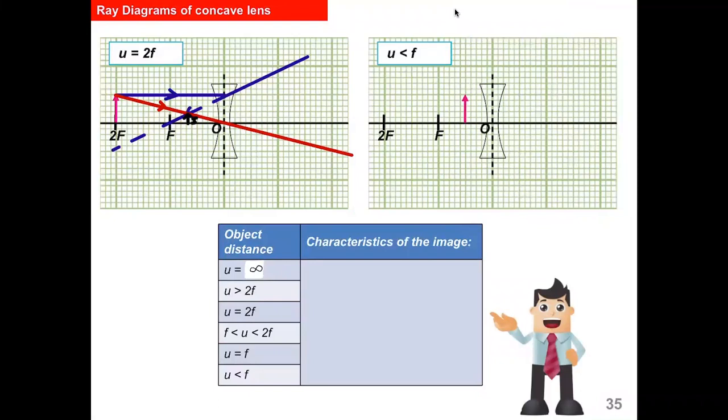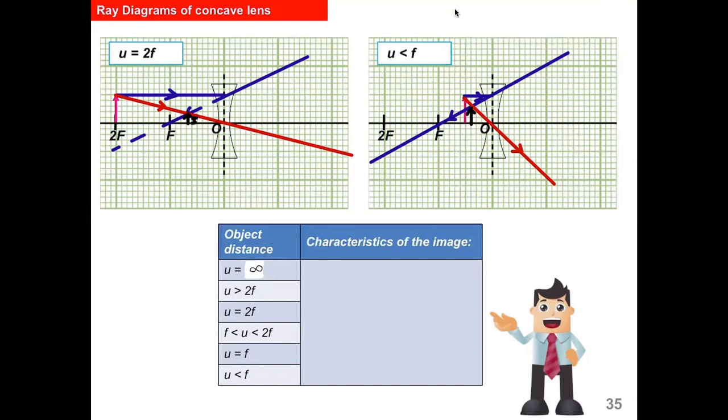Then the same thing, when the object is placed less than f, you use the same rule. From the top of the object, it will be refracted to f. The second one is from the top of the object straight to the optical center. So we will get the position of the image here.